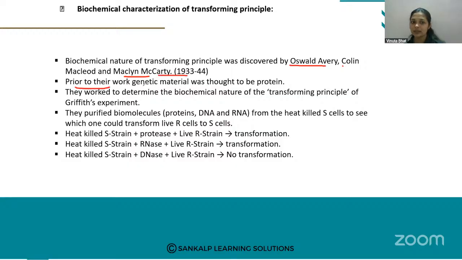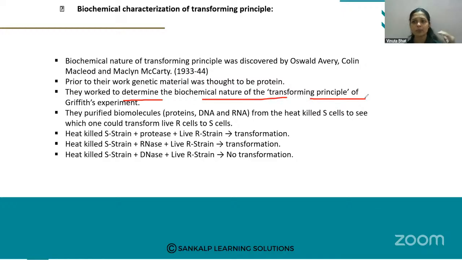Prior to this work, genetic material was thought to be a protein. So protein is the genetic material. They worked to determine the biochemical nature of the transforming principle.